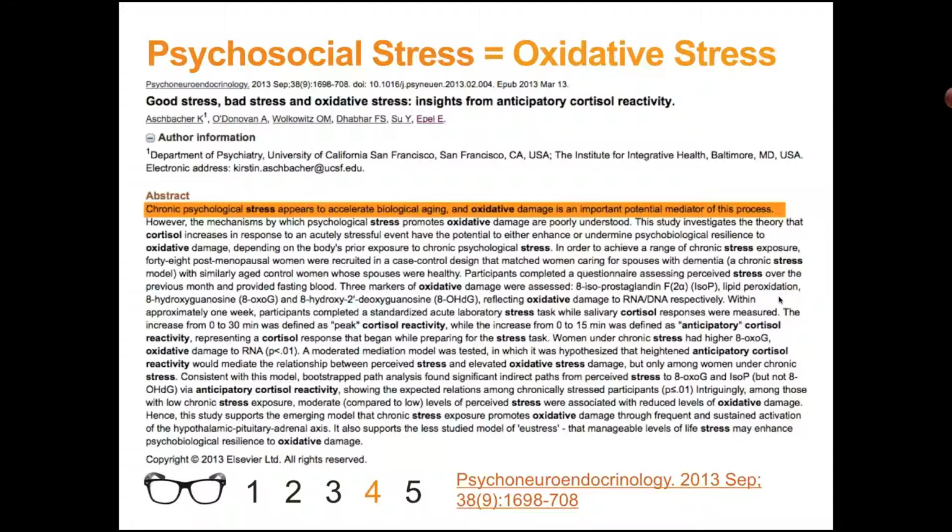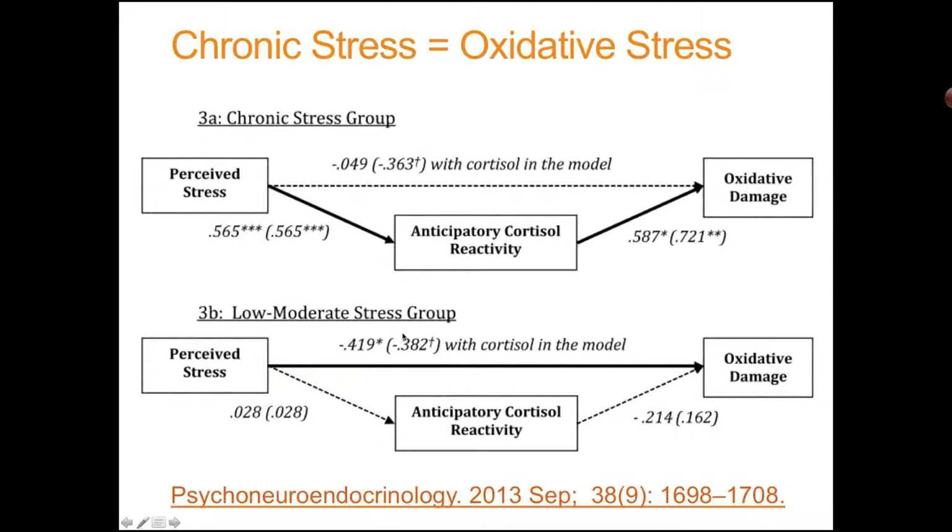I've got a couple of screenshots for you just to illustrate the case of Tracy. This is from a study where they basically looked at two groups, one with chronic stress and another one with low to moderate stress.